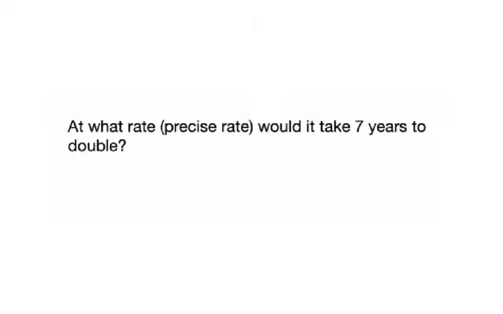Now, we can take this question and we can build on this. So the next question I have is at what precise rate would it take 7 years to double? Okay? So what we're saying here now is that if we have (1 plus r) raised to the 7th, now I want it to be exactly 2. So the question is, how do we solve this?